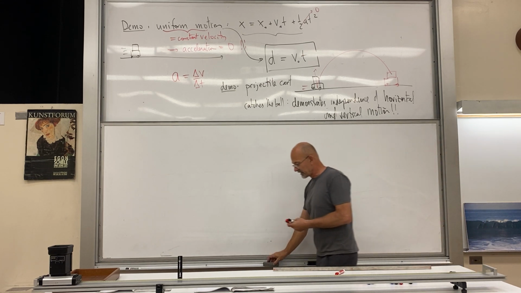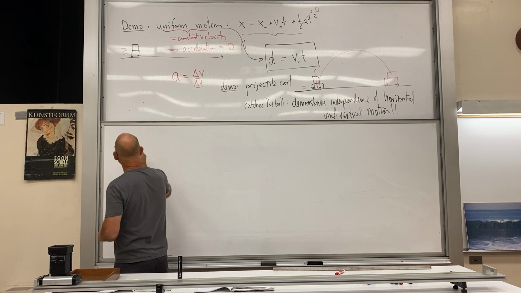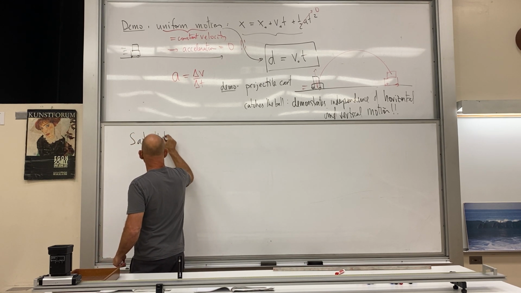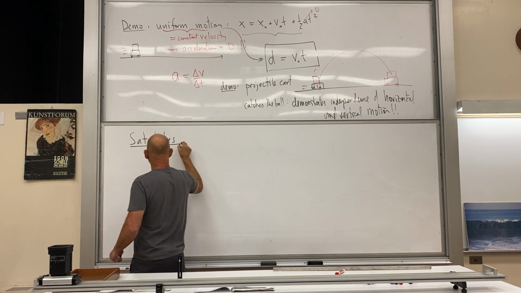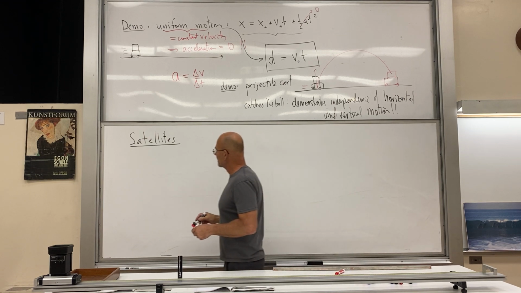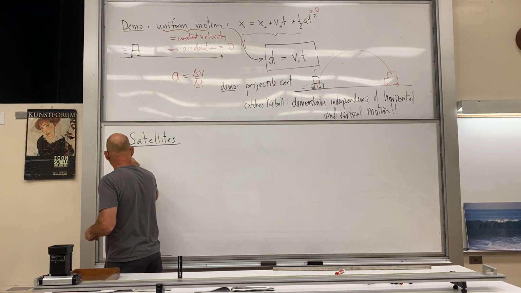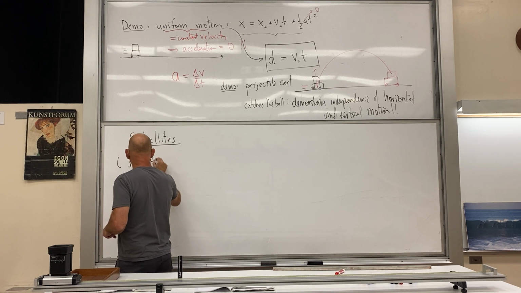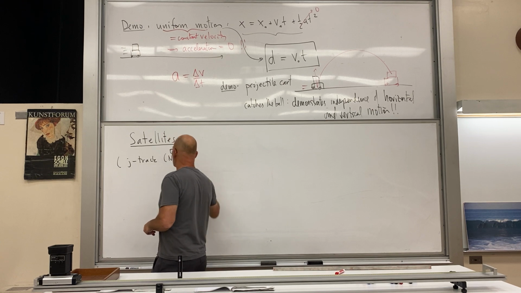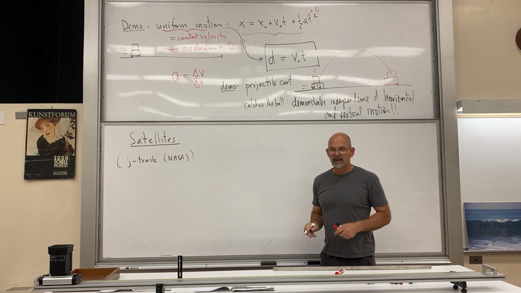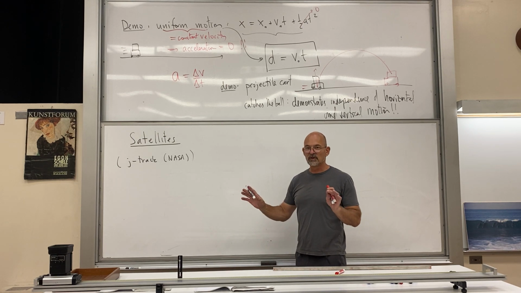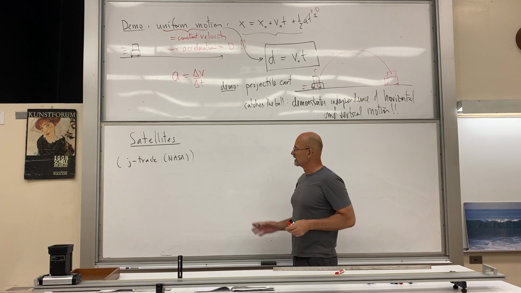Okay, we will call this satellites. There used to be a really good program called JTRAC, and it was from NASA that demonstrated that you could actually observe the satellite orbit tracks.